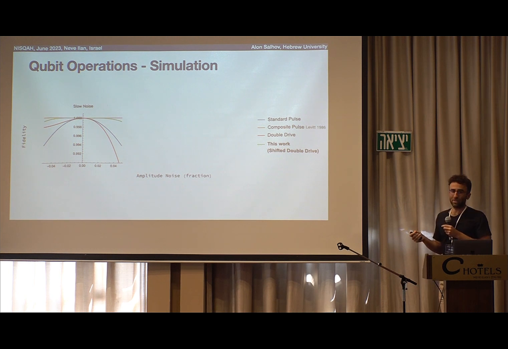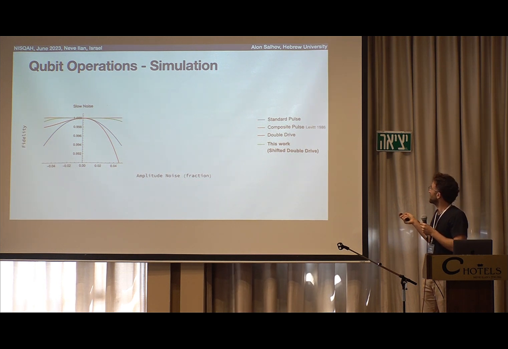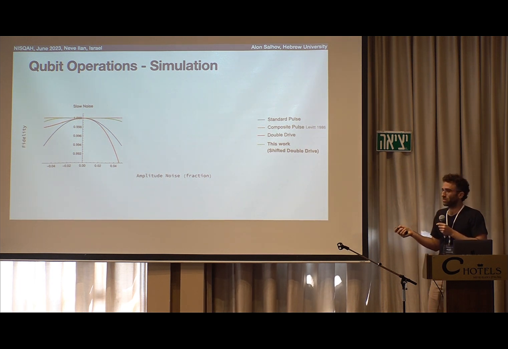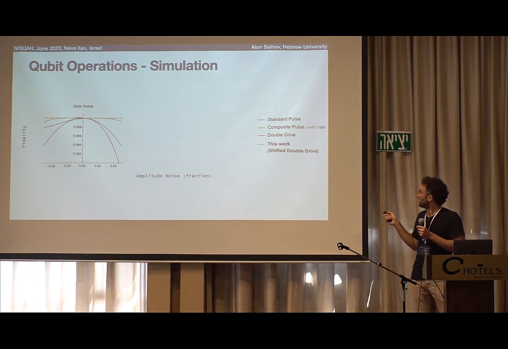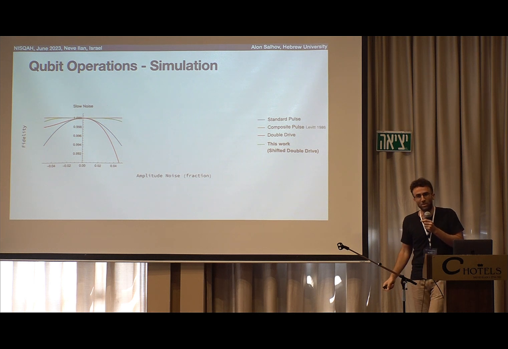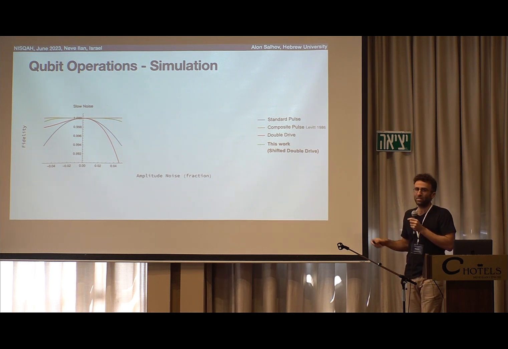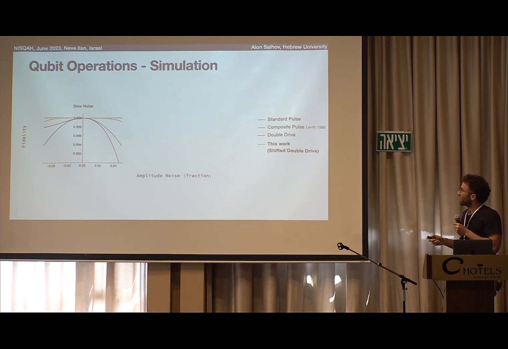But there's a way to compensate the error in standard pulses. One of the common techniques is called composite pulses. Here in orange, you can see Malcolm Levitt's, maybe the first composite pulse, which performs much, much better. In green, you can see this works. It's not as good as Levitt's composite pulse, but it's pretty good. Definitely an improvement.